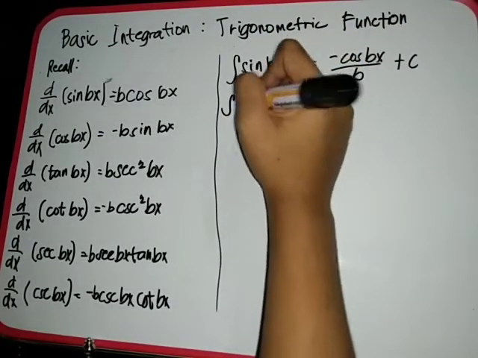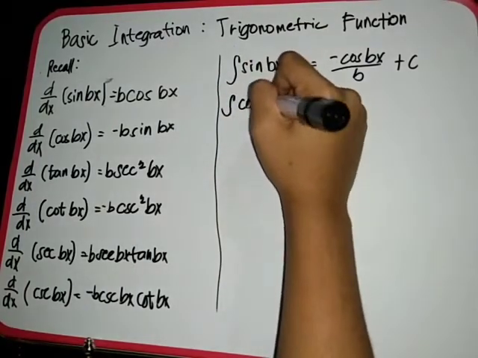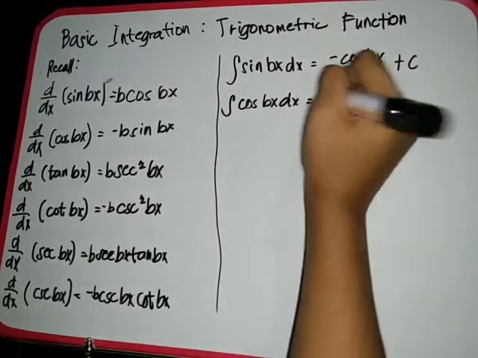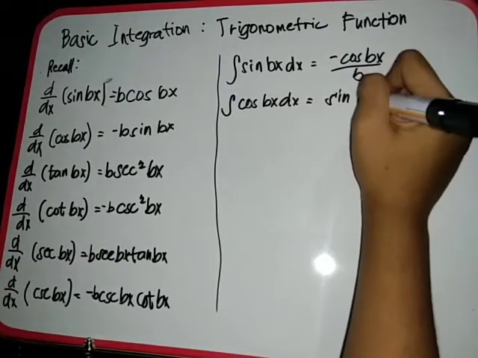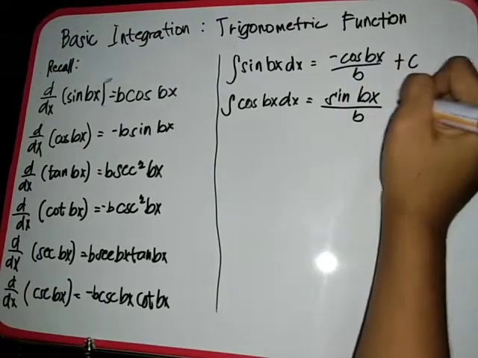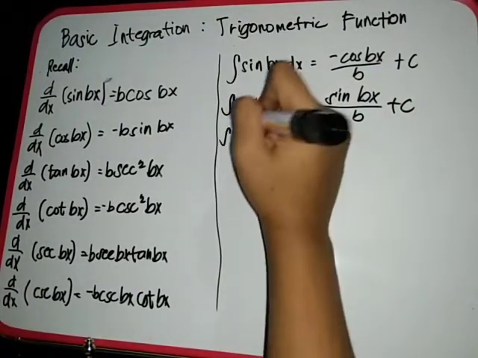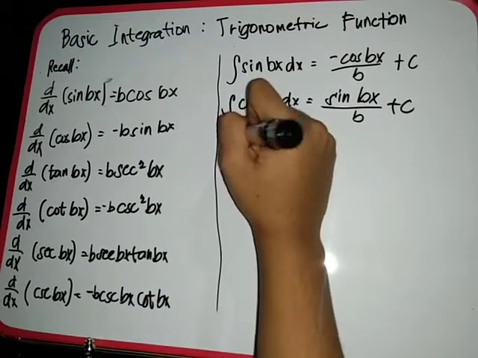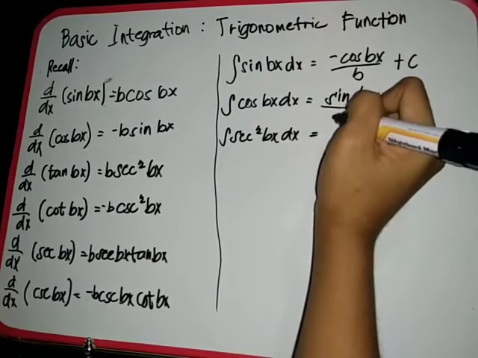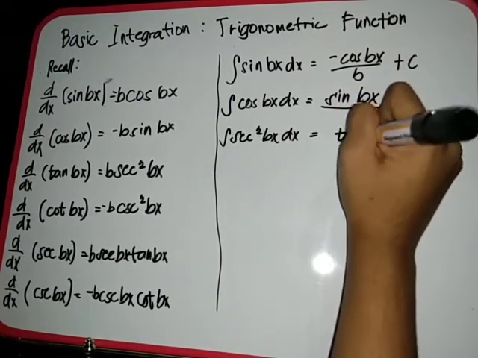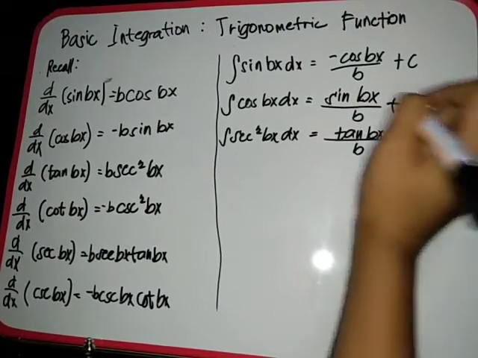The integral of cosine bx dx is equal to sine bx over b plus c. The integral of secant squared bx dx is tangent bx over b plus c.